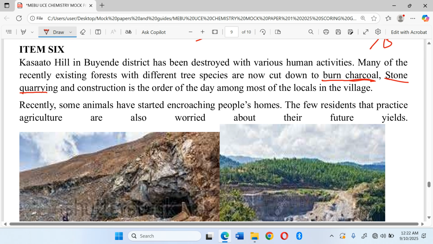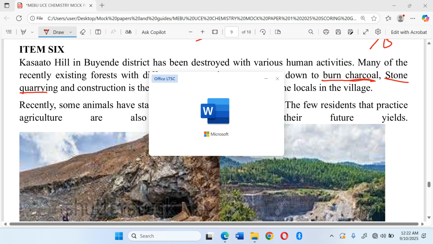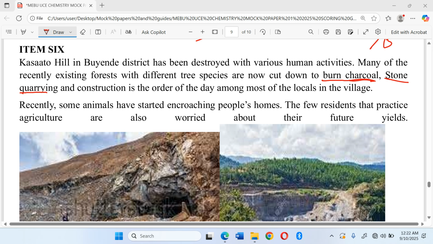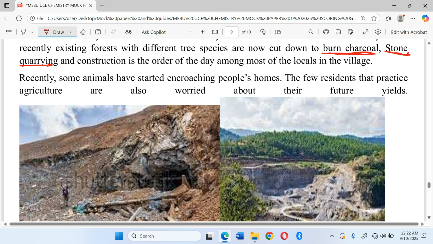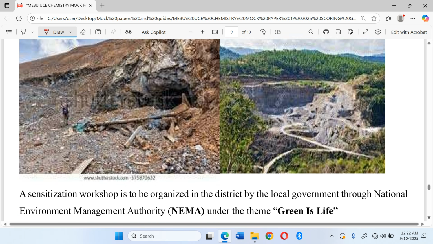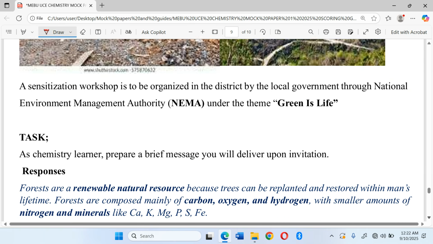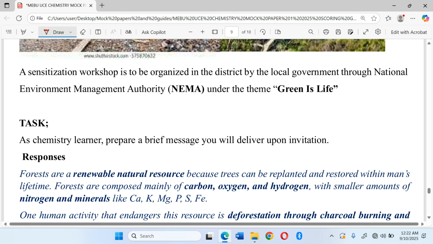So we are having all these activities that we are seeing here, and they have that particular natural resource they are affecting, and that's now the one which is going to give us the first paragraph. Let's look at this.